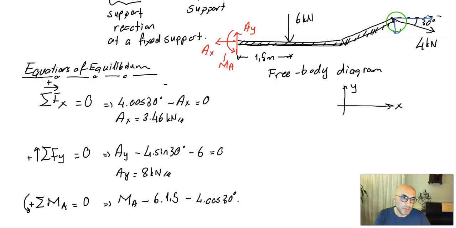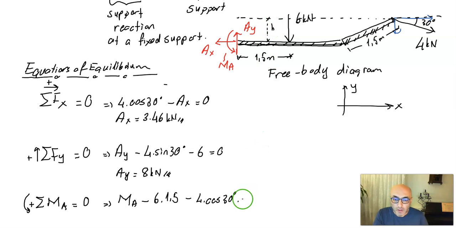We extend this line of action of the x component of the 4 kilonewton, and this distance is 1.5 times sine 30, which gives us this distance h.